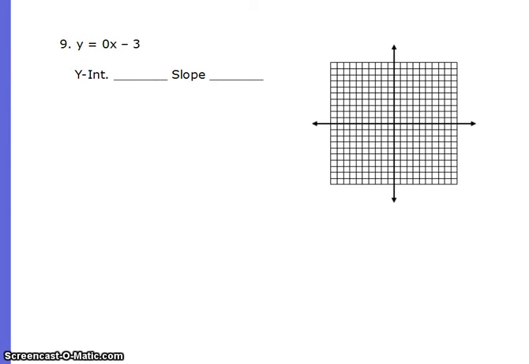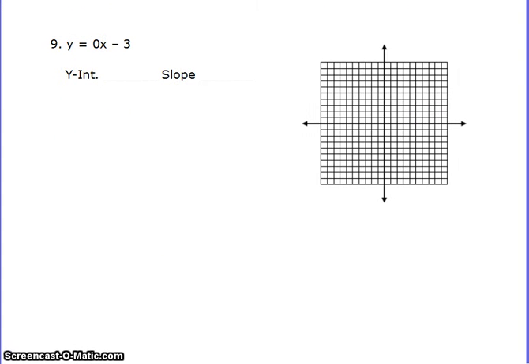All right, last one. Y equals 0x minus 3. Okay, it's in slope-intercept form. Y equals mx plus b. Our y-intercept, our b, is negative 3, so as a coordinate pair, that's 0, negative 3. My slope is the number in front of x, which is 0.